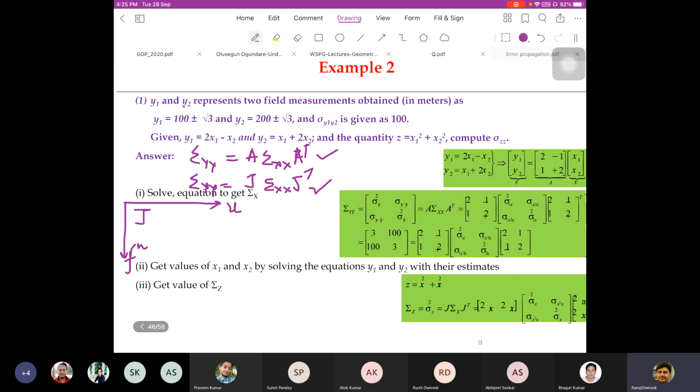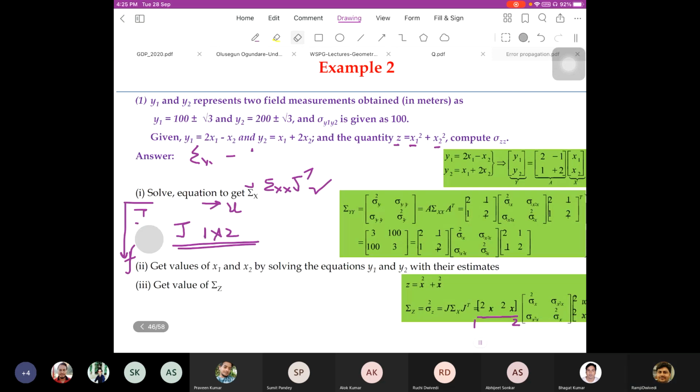So in z, there is only one function, so it would be 1 variable 2. So 1 cross 2. So the Jacobian will form as 1 cross 2. It is only a mere matter of practice. The more you practice yourself, there will be no problem.